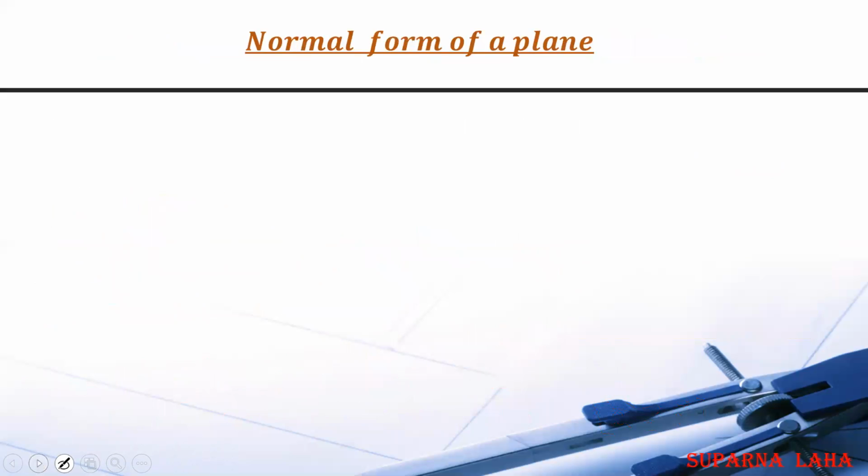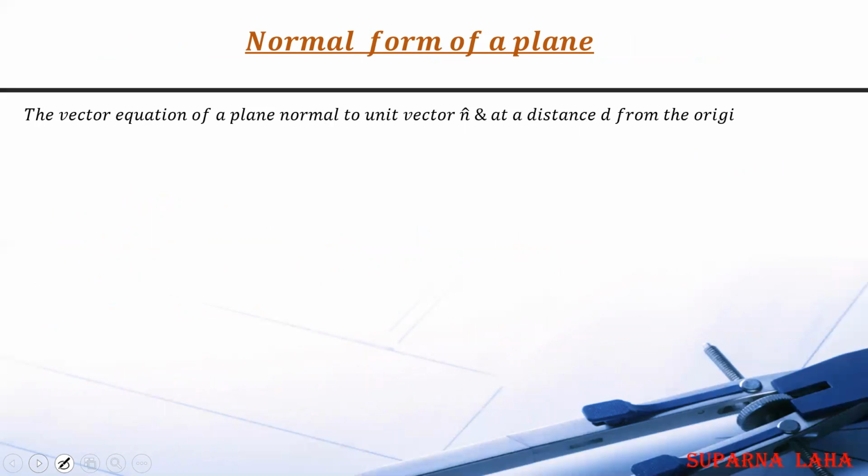Now let us talk about the normal form. Firstly, vector form, and then we will discuss the Cartesian form. So for the vector form, the normal form of the plane is the plane normal to a unit vector n cap and at a distance d from the origin, then that will be the equation of the plane.